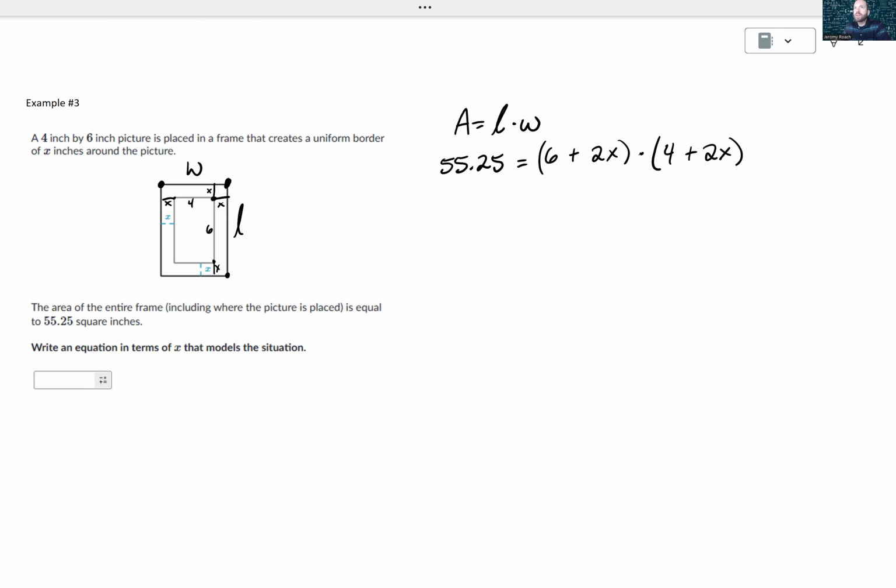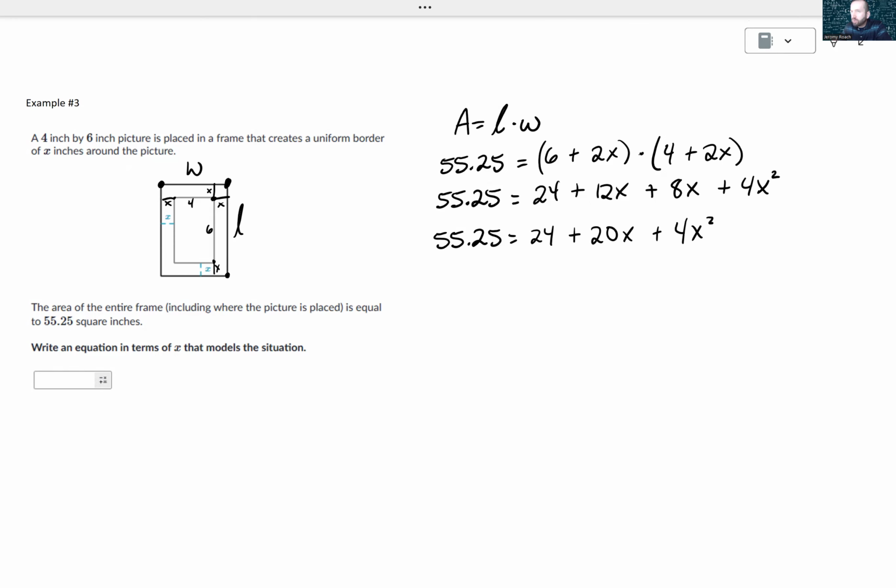And then we can multiply this using the distributive property, we would get 24 plus 12x plus 8x plus 4x squared, which is 24 plus 20x plus 4x squared.